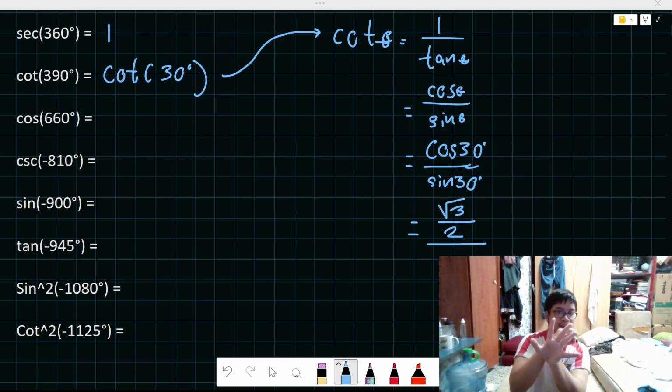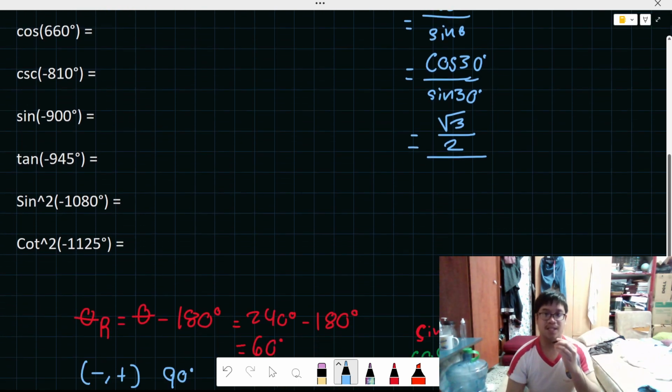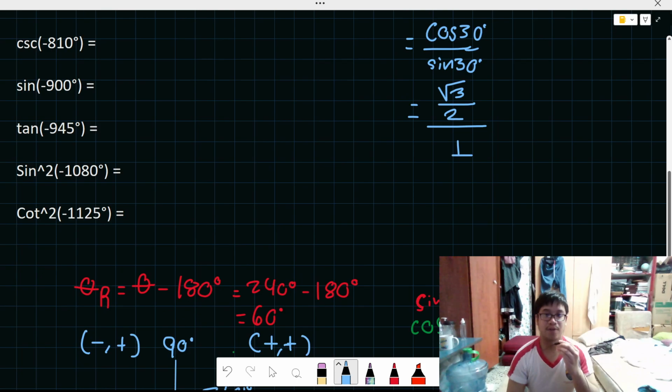You stop at the ring finger, because again, this is where 30 degrees is located. So you have a value of 1. Square root of 1 is 1, divided by 2, you have 1 half.